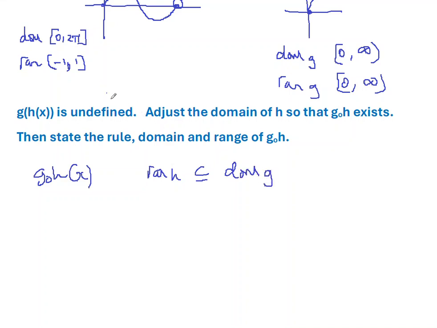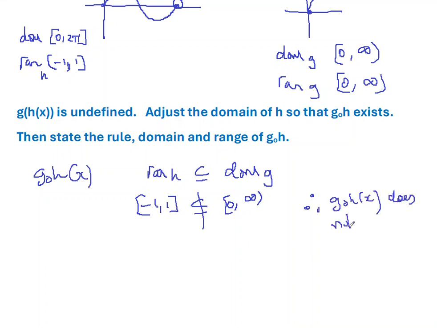So the range of h, and this one is h, -1 to 1, has to be a subset of 0 to infinity. And it isn't. Therefore, g of h of x does not exist. But we are now asked to adjust the domain of h so that it does exist.